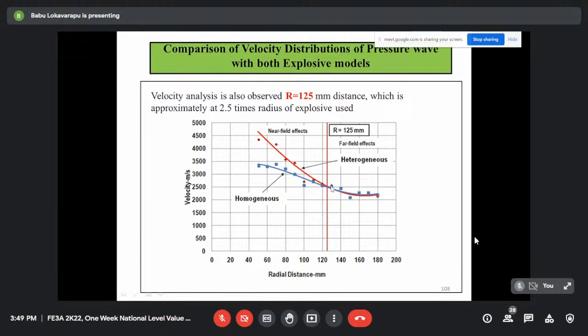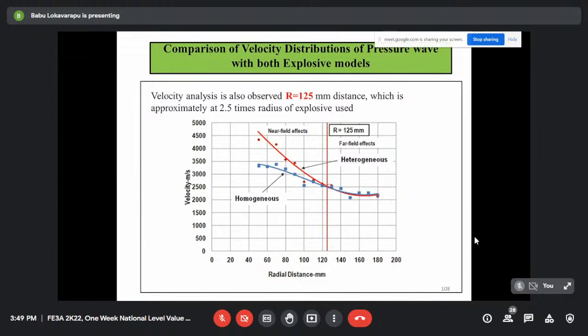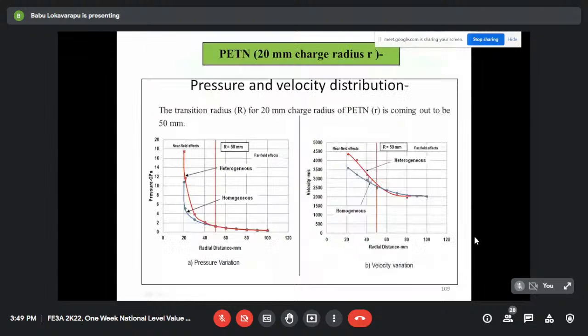Again, up to this point they are different, and on the right side, they're the same. That means this is the transition. So the right side is the same, R equal to 125 for this.